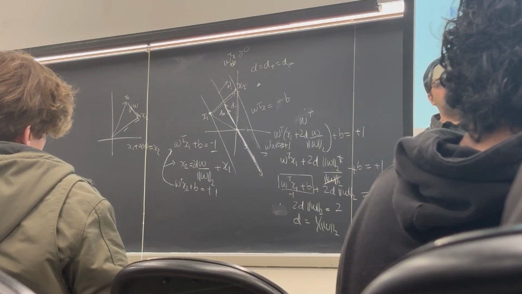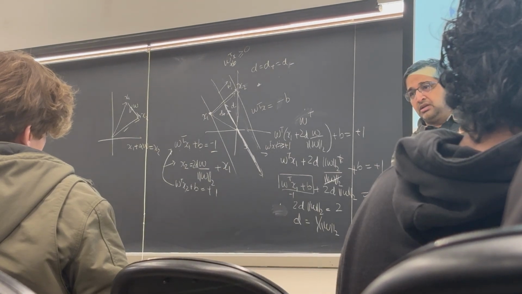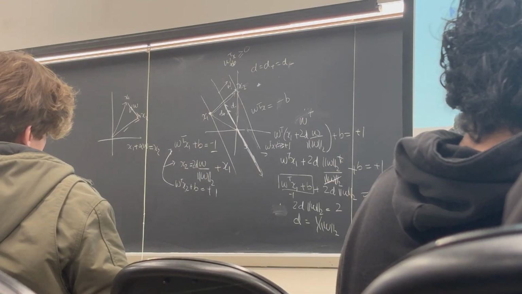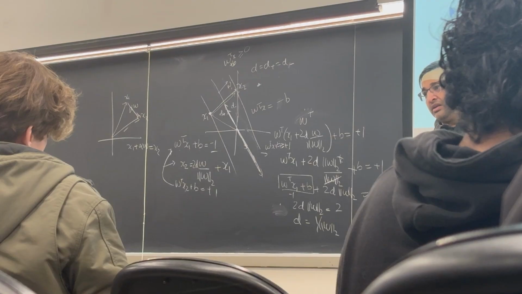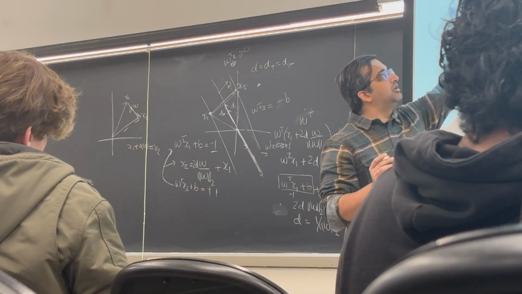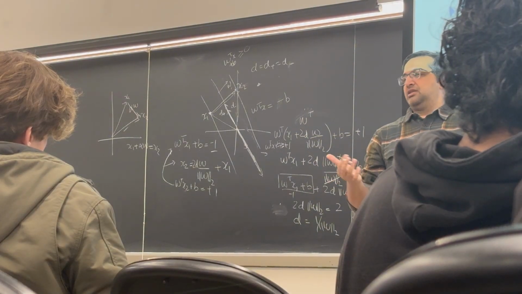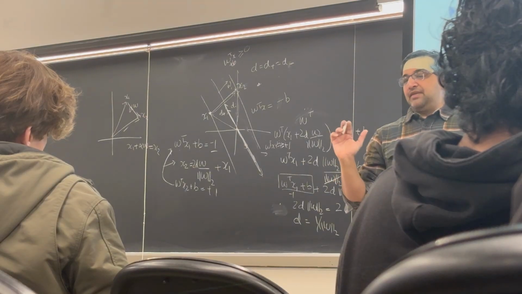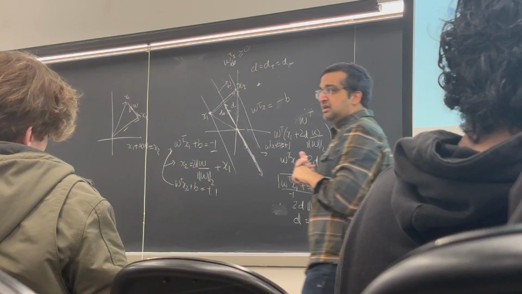It's just a compact way of writing these two constraints together. If you plug in +1 here, you will recover the first constraint. If you plug in y is equal to -1 here, you will recover the second constraint. Do you see that? So your overall optimization problem now is maximize 2 by w or 1 by w, or you can say minimize the length of w, while ensuring that these constraints are satisfied.